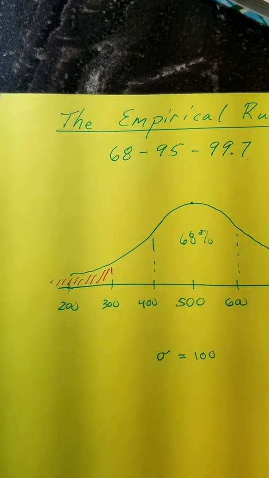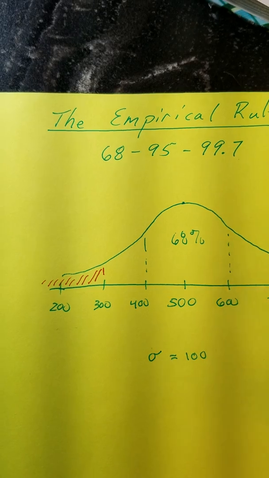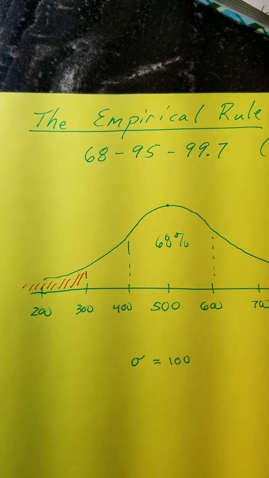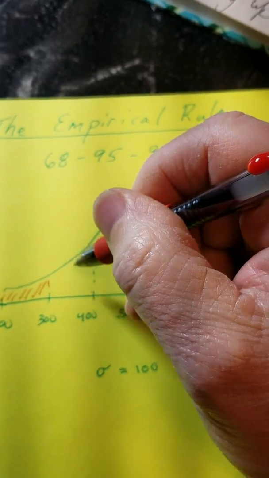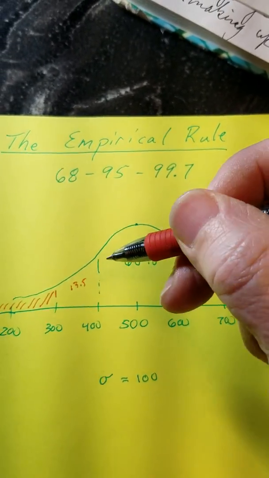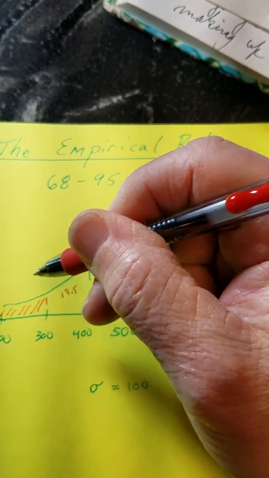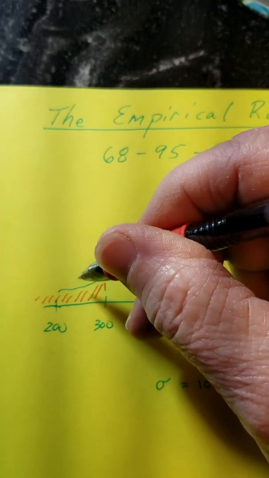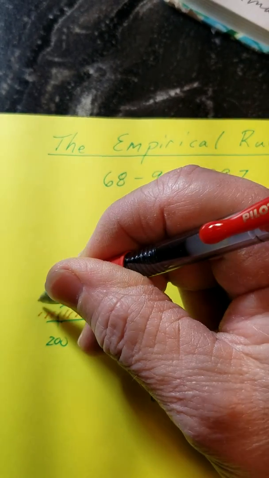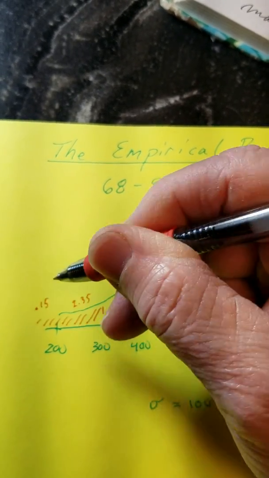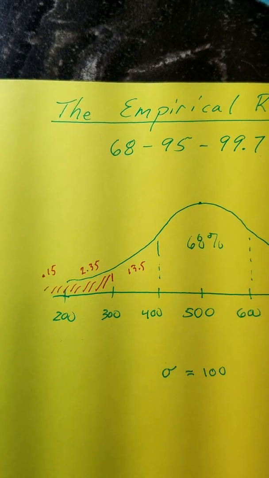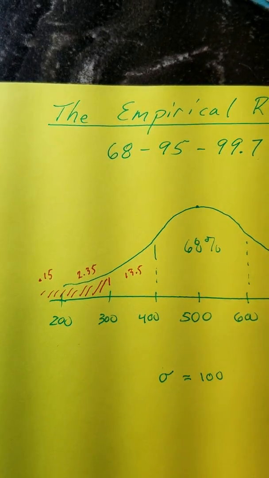Well, that might be a little trickier. You'd have to go back to the numbers that they had: this was 13.5 here, and after that, this part was 2.35, and this part was 0.15. It's probably going to be hard for you to remember those without looking back at a diagram.